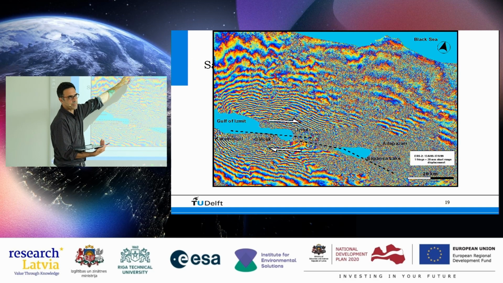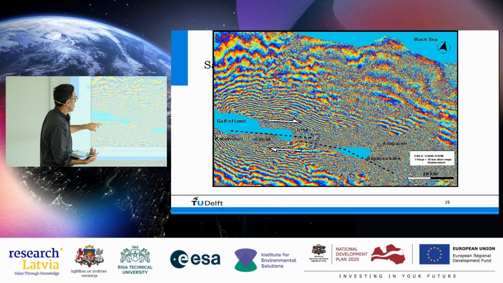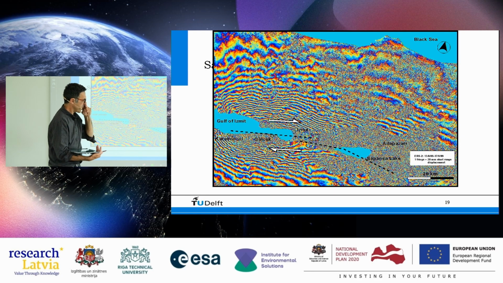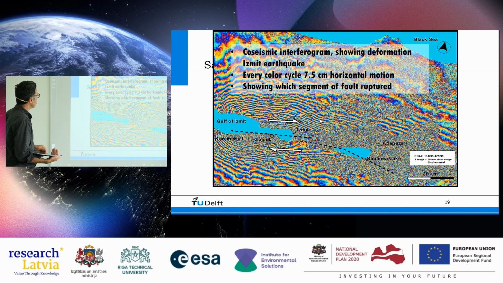So 26 times, say, 3 centimeters, so 75 centimeters of motion of this point here to the Black Sea relative to the fault. So due to the earthquake, actually there was more like 2.5 meters of motion over here relative to the up and down. So totally different interpretation.